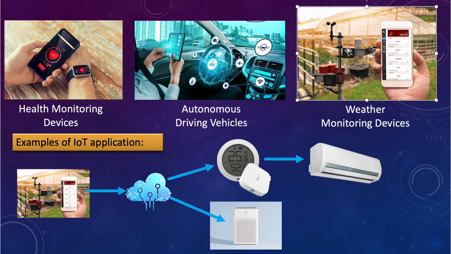You can't have a weather monitoring device in one location for an entire country or an entire region. There will be multiple, especially in a larger country. Even in Sri Lanka, a small distance is enough to change the weather, like going from Colombo or Kalaniya to Nuwara Eliya, how much the weather changes.